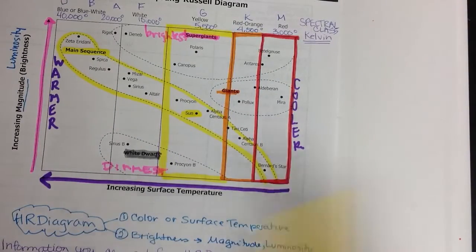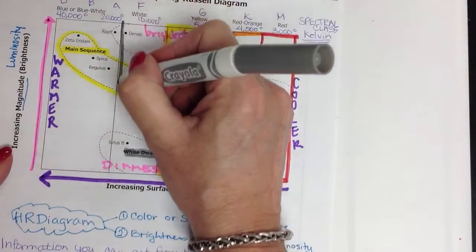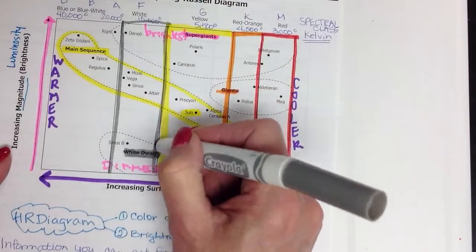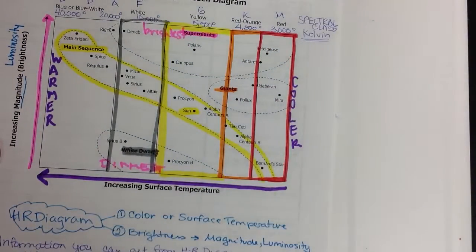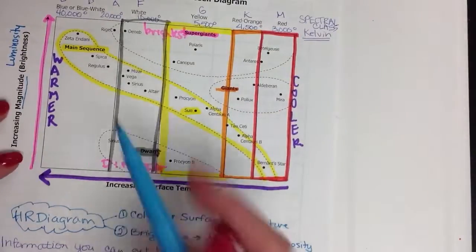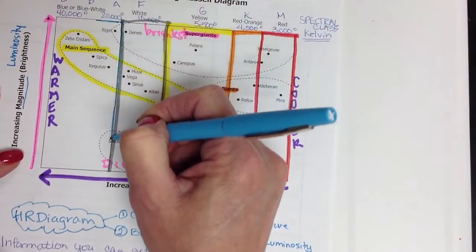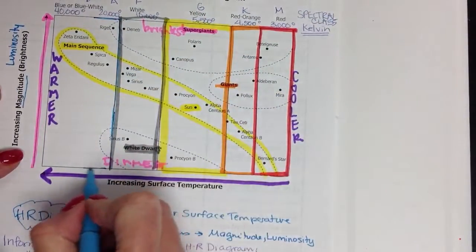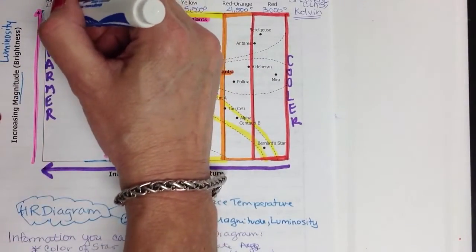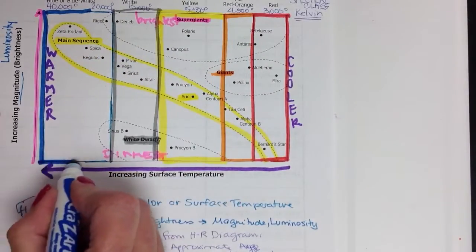The next stars are white, so I'm just going to kind of outline this one maybe in a gray, just to know that they're white. And then the next ones will be the blue, blue-white, and let's see, I'll do a lighter blue here, and then a darker blue towards the other spot, and the hottest stars are the blue stars.